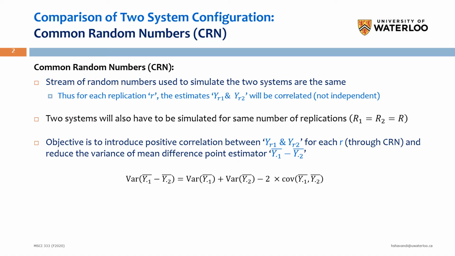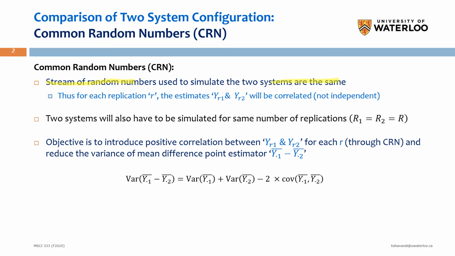So we had the case of independent sampling in the previous part, and now we are going to consider the common random numbers method, the CRN method. Here we assume that the stream of random numbers used to simulate the two systems are the same.